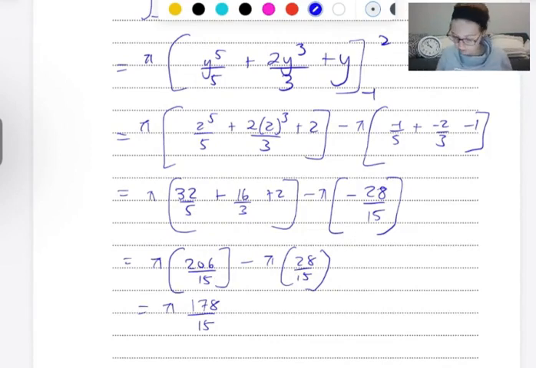Okay, so 32 over 5 plus 16 over 3 plus 2.